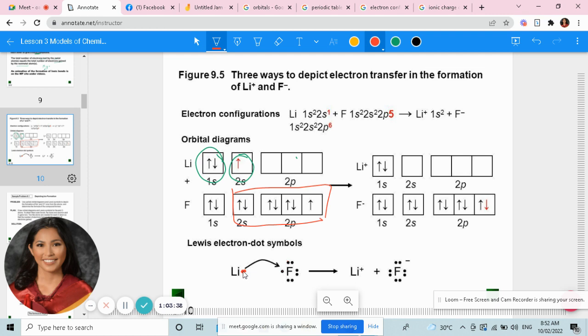Lithium has one electron, and fluorine has one unpaired electron, so lithium will lose the electron and the fluorine will gain the electron, forming lithium ion and fluoride ion.